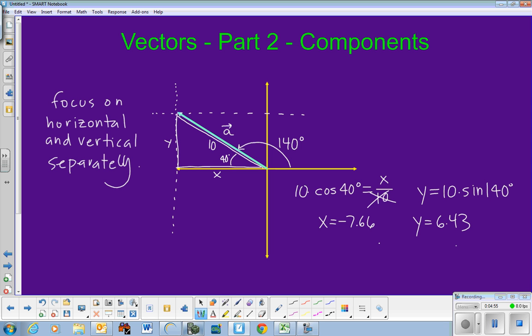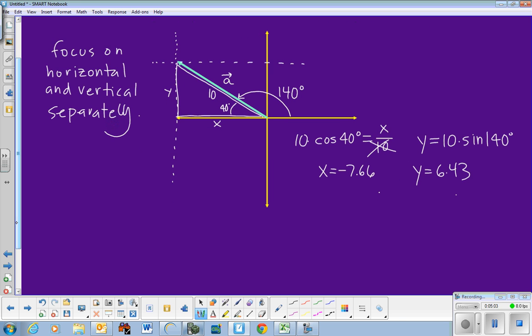So some basic little right triangle calculations will give us the x and y components of this vector. There's a couple ways to write this. One way is in V-shaped parentheses, negative 7.66, 6.43, which tells me I went left 7.66 and up 6.43.